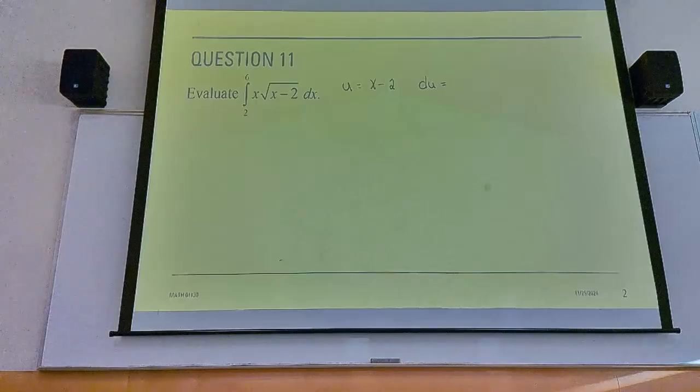Which makes du what? If u is x minus 2, what's du? 1. It's dx. Then what is x?